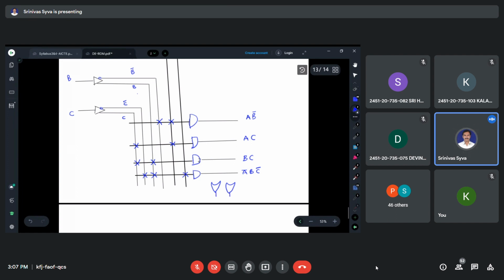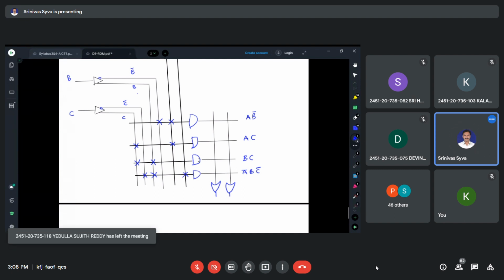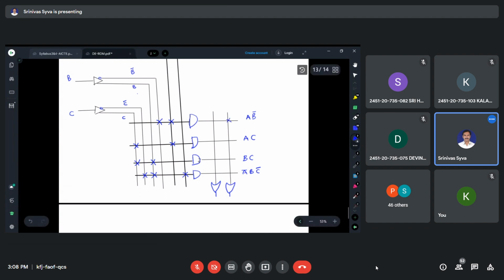So one example I am drawing. Suppose here one cross mark here, another cross mark here.